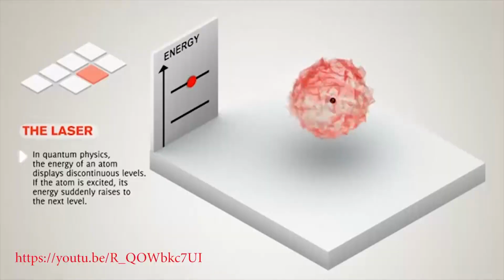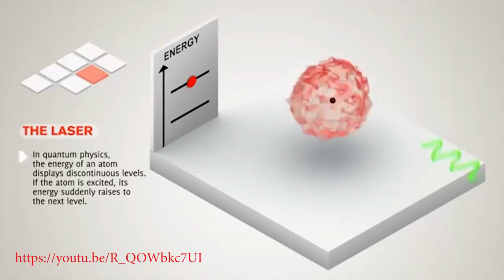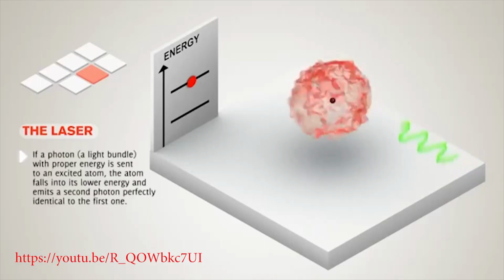So, now it is going to that excited state. So, you can assume that some pump energy has been provided to this atom and it's taken to that excited state. And this is denoting a spontaneously emitted photon, right.